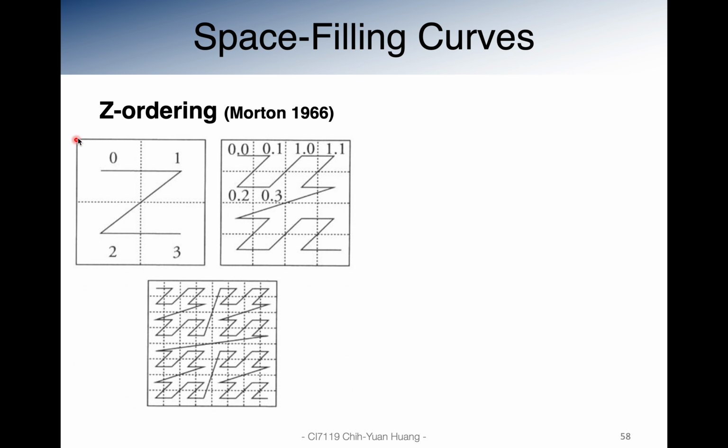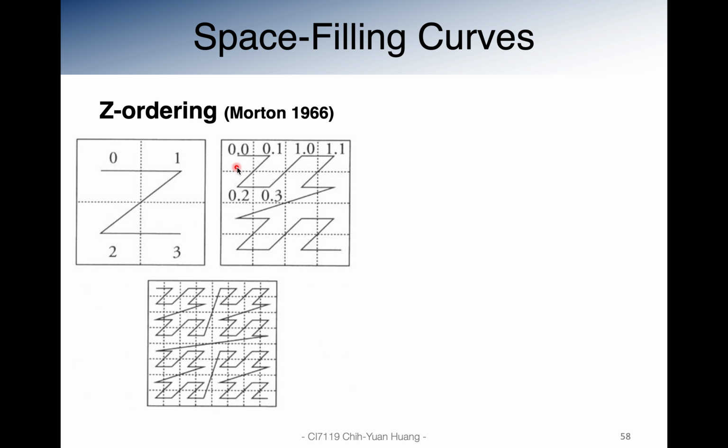So the first node is this one, the second is this one, the third is this one, and finally the last one is this one. So it looks like a Z character.